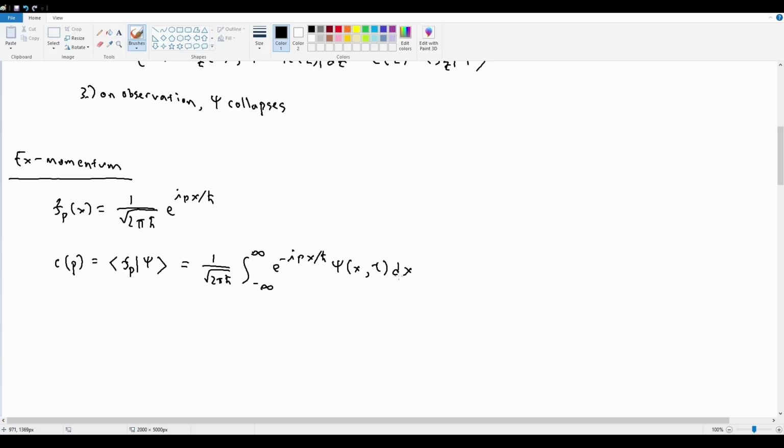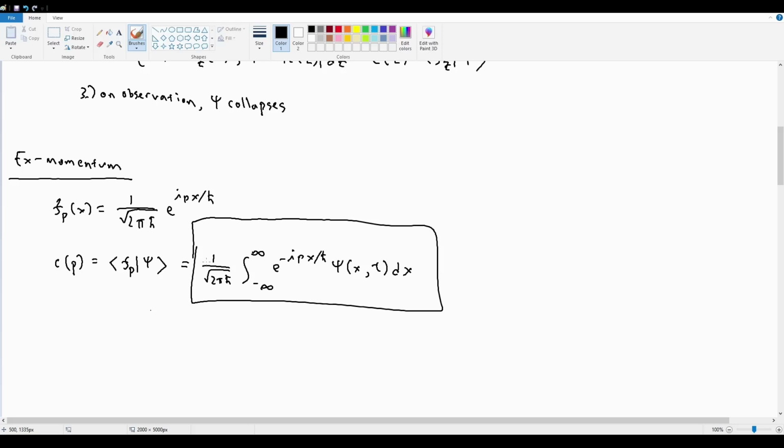But specifically, the reason why this one is important is because this integral is a very important integral. And the reason is that any observable can be decomposed into a combination of position and momentum wave functions.